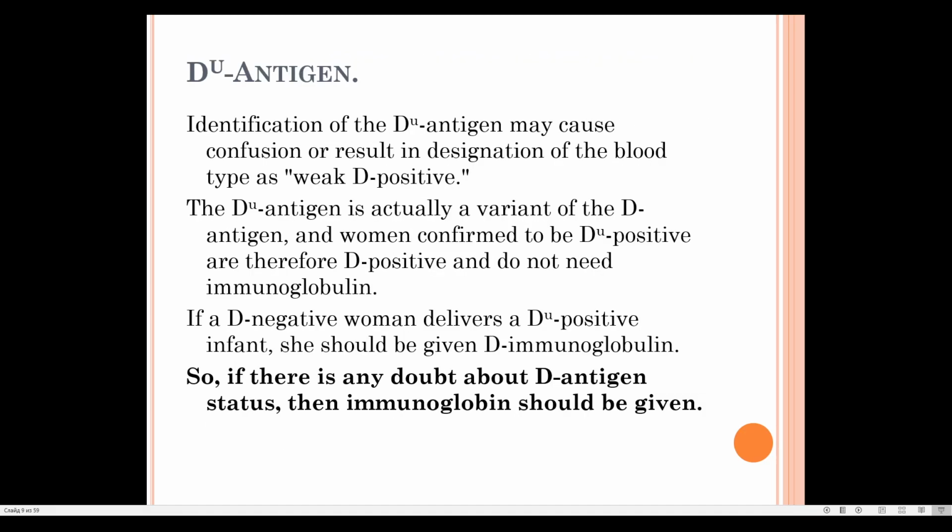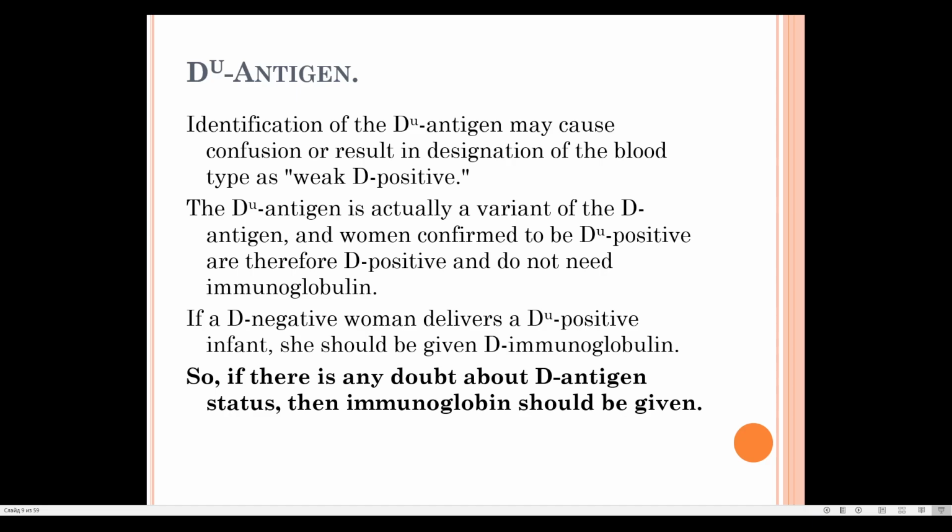D-indexed U antigen. Identification of the D-indexed U antigen may cause confusion or result in designation of the blood type as weak D positive. The D-indexed U antigen is actually a variant of the D antigen, and women confirmed to be D-indexed U positive are therefore D positive and don't need immunoglobulin.